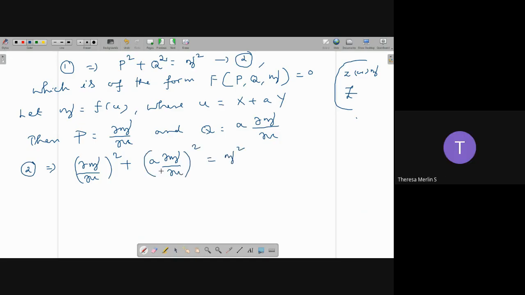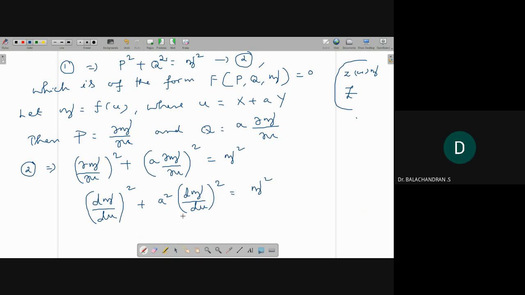Now instead of ∂z/∂u, I told you that z is a function of u only, so you can write dz/du. So (dz/du) whole square plus a square times (dz/du) whole square equal to z square.